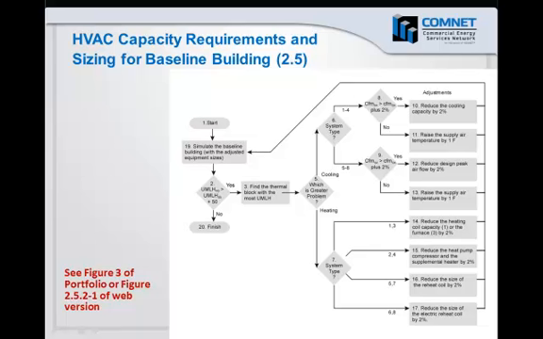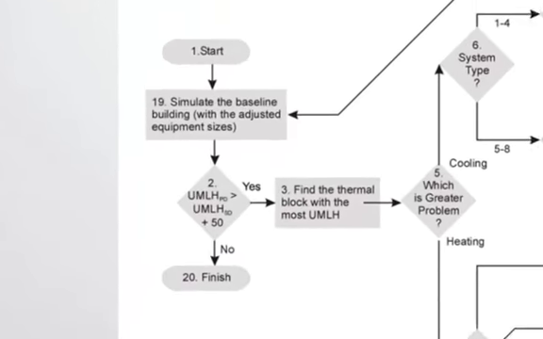And what happens basically is that the cooling capacities or heating capacities of the baseline building are gradually reduced so that the delta of unmet load hours is no greater than 50.